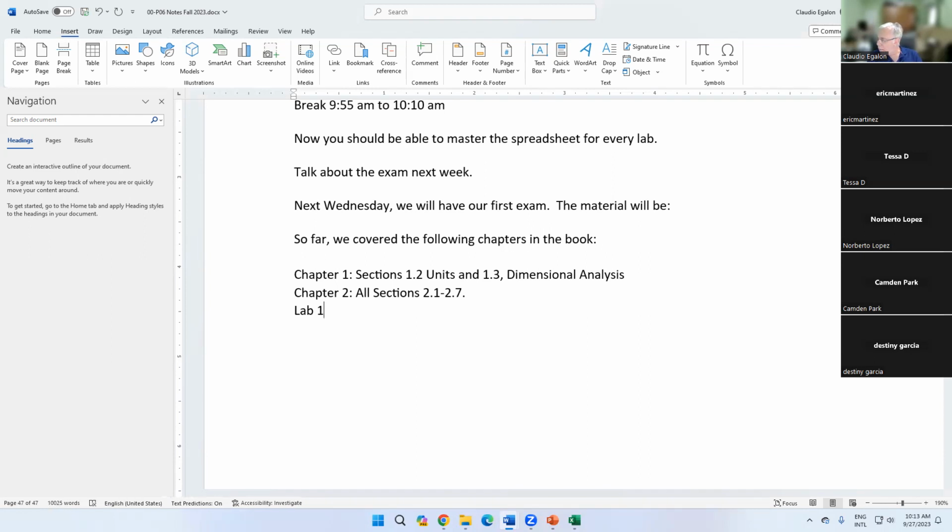Everything from the textbook, from the notes, right? From the homework, not just the textbook, but whatever we covered in the notes as well. Okay. Lab 1, everything we covered until today, excluding vectors.